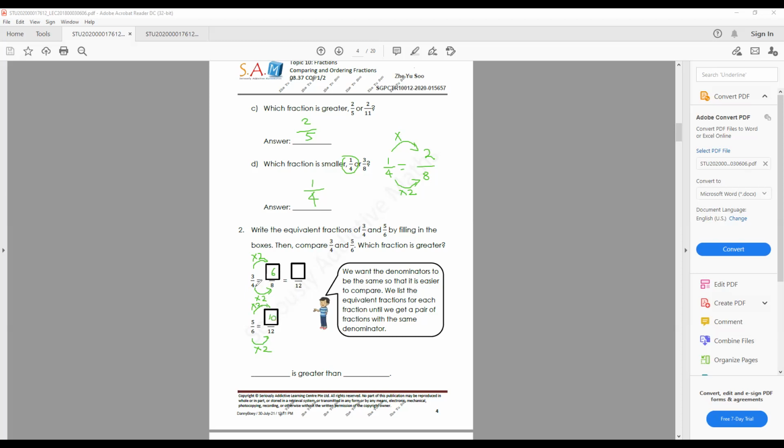And how does 4 become 12? Times 3. When you multiply the denominator by 3, you multiply the numerator by 3 as well. So it's 9. Now let's compare 9 out of 12 and 10 out of 12. Which is greater? 10 out of 12. So we say that 5 out of 6 is greater than 3 out of 4.